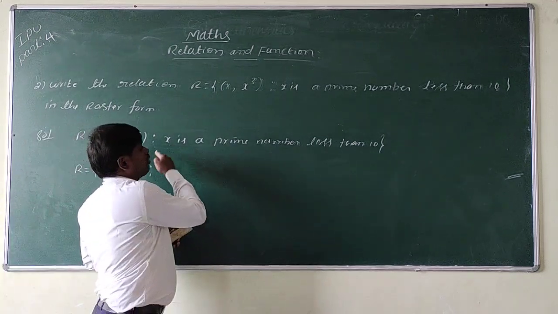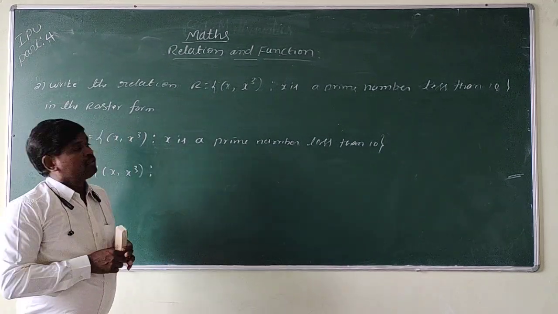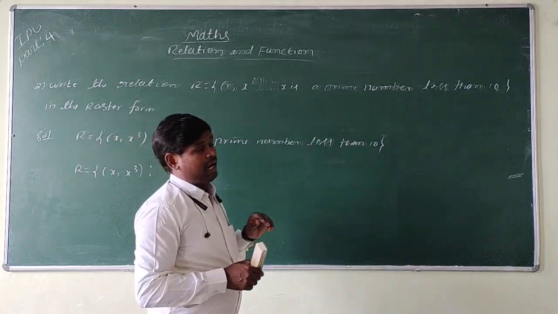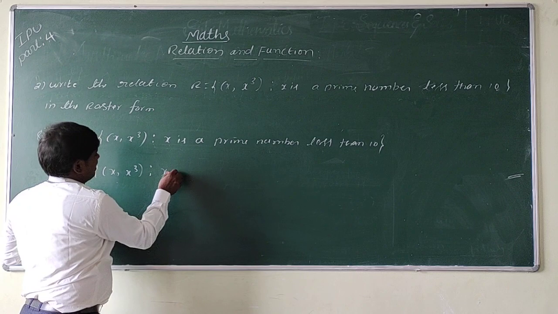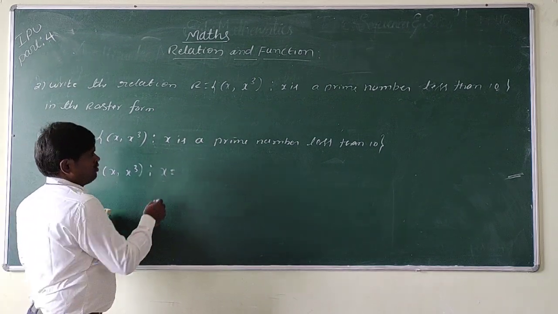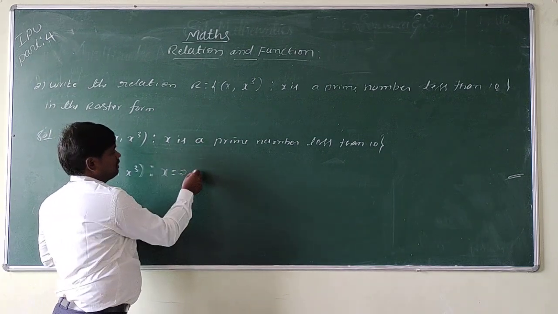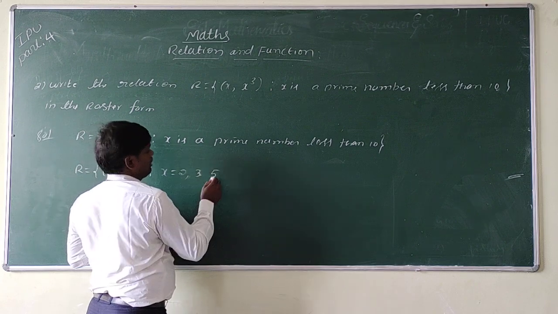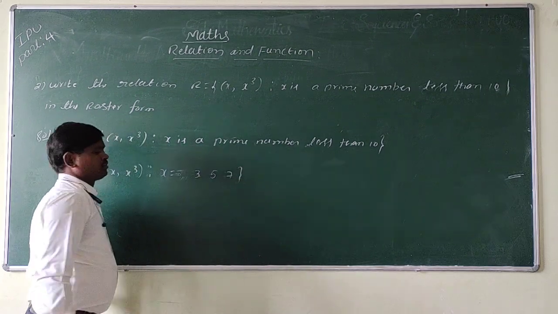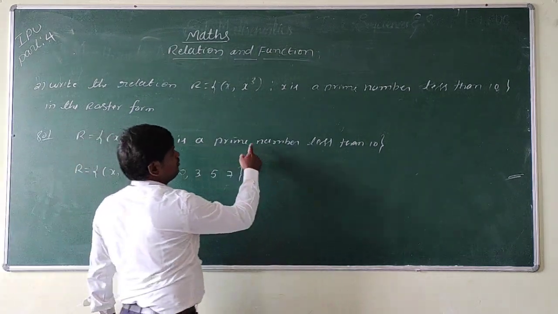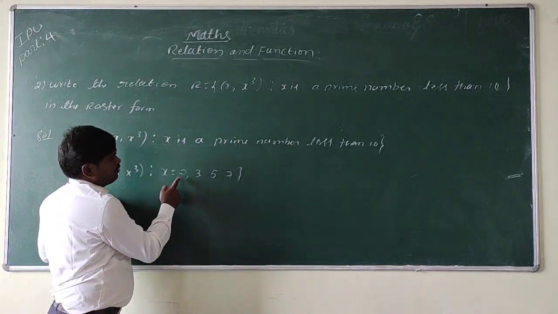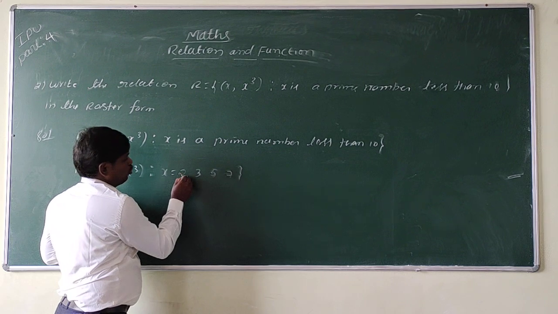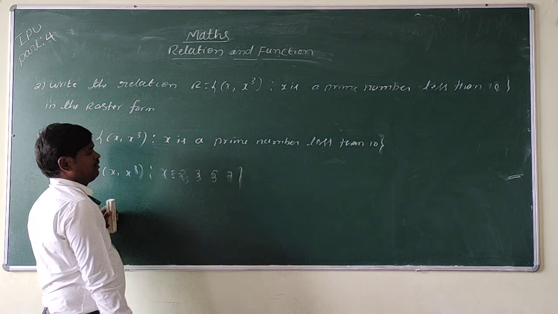That means we are going to take the values of x which are prime numbers less than 10. So x takes the values: the least prime number is 2, then 3, 5, or 7. Prime numbers less than 10, so we are going to take the numbers 2, 3, 5, 7.